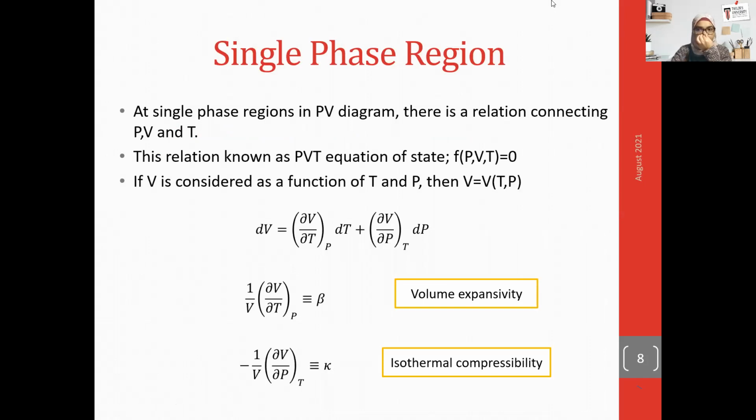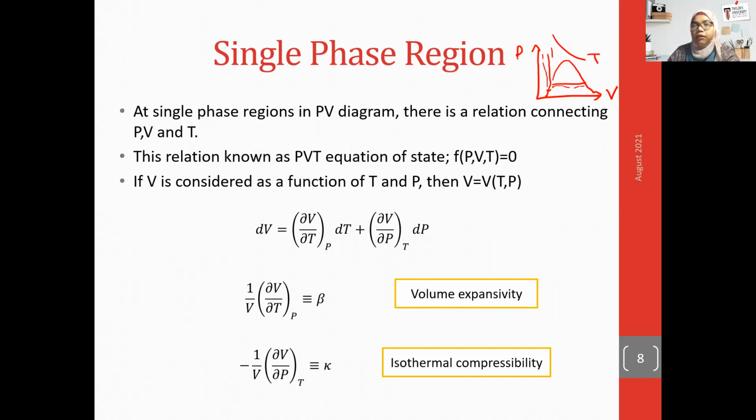We have the single phase region. In the single phase region of the PV diagram, there is a relation between pressure, volume, and temperature. Back to the PV diagram, if you still remember, we have the steep lines here, and the line here is temperature.